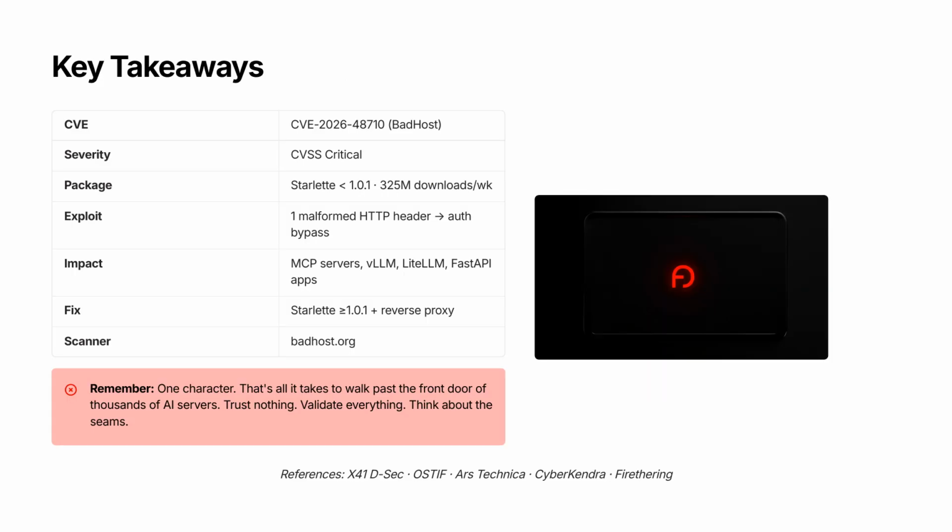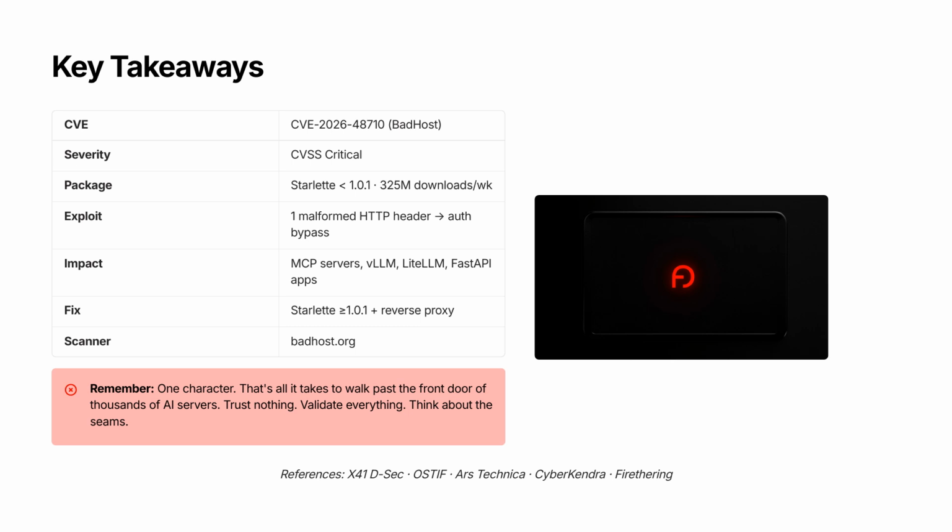The key takeaway here is how small the flaw is compared to how large the impact can be. CVE-2026-48710, also known as BadHost, is rated critical, and it affects Starlette versions below 1.0.1, a package with massive adoption. What makes this especially dangerous is the exploit path. A single malformed HTTP header can lead to an authentication bypass.